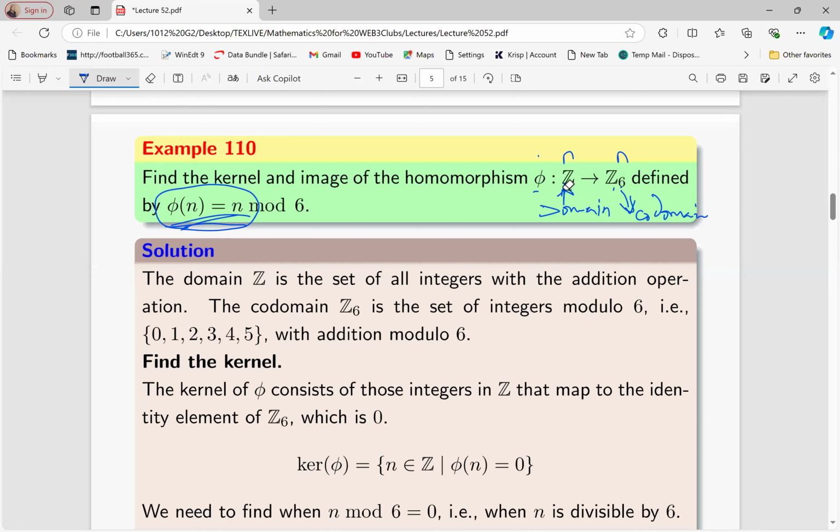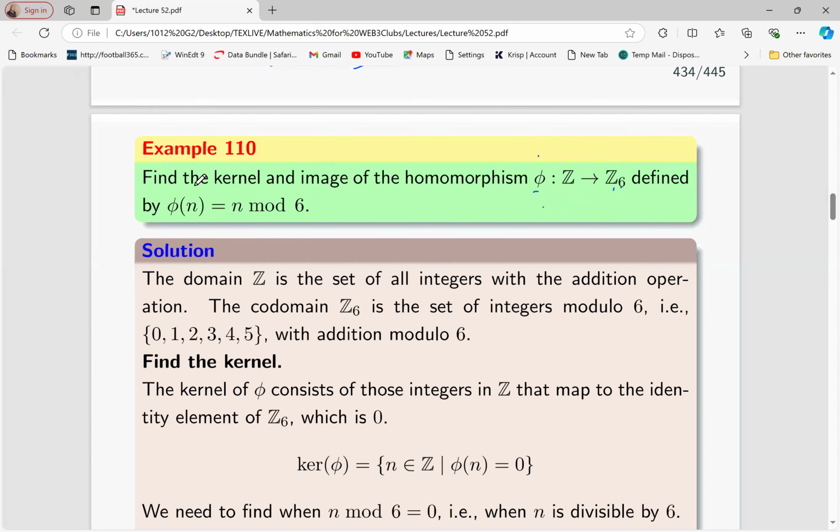Now let's see, what are the elements of Z? Because we've been asked to find the kernel. So for the kernel, we want to see which elements would be mapped to 0. Which elements would be mapped to 0? So let's see.